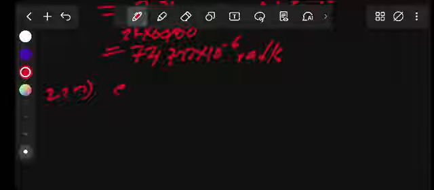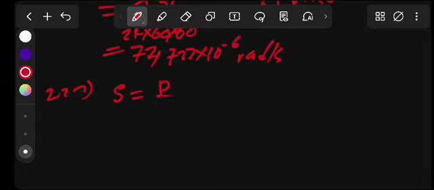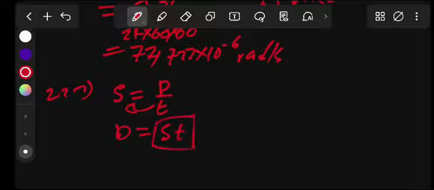Speed is equal to what? Distance over time. Using this, I can multiply, it will be equal to distance multiplied by time. I'm just checking this formula. Alright, displacement.